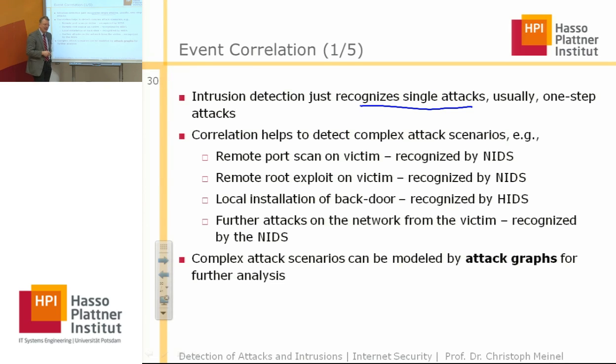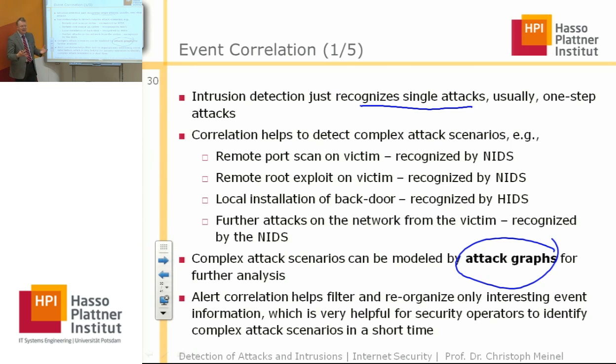A means for finding out whether single attacks correlate to a complex attack scenario are so-called attack graphs. Attack graphs can be used to model such complex attack scenarios and to provide a means for detailed analysis.